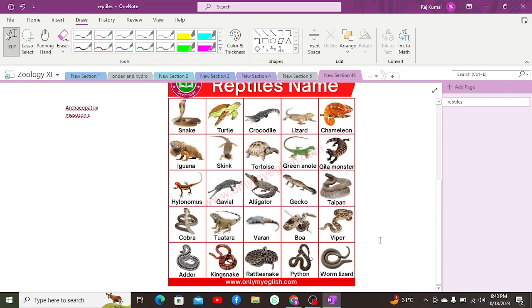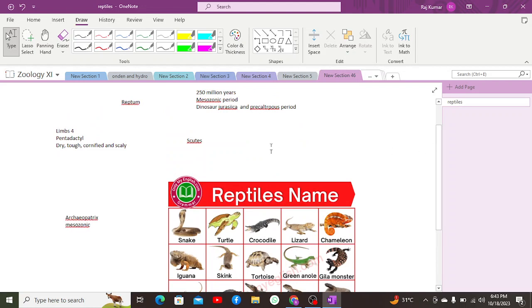They have some other characteristics. They respire through lungs, and when it comes to reproduction, the sexes are separate, the gonads are paired, and they have internal fertilization.